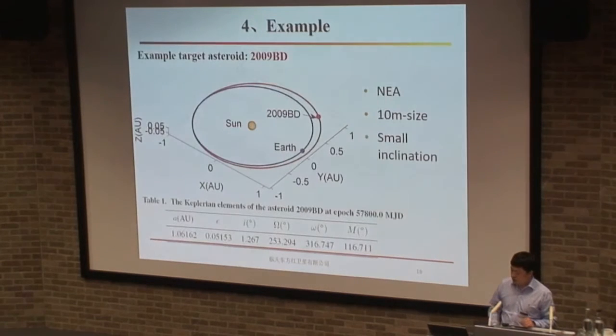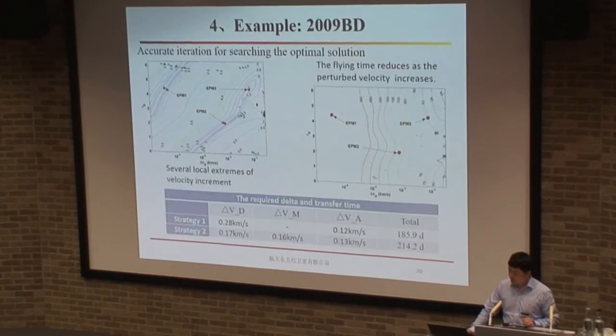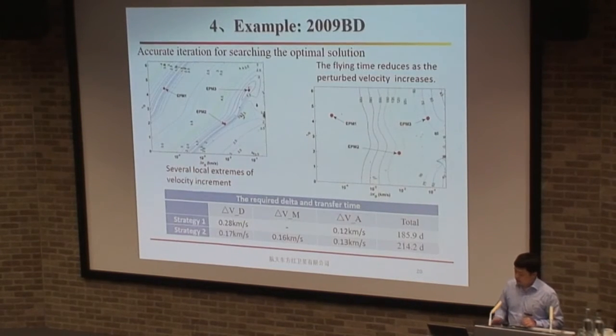We firstly choose the target asteroid, and this detail of this asteroid. And then we search for the escape date. The initial orbit is the Sun-Earth L2 northern halo orbit. With the integration, we're searching the optimal solutions.